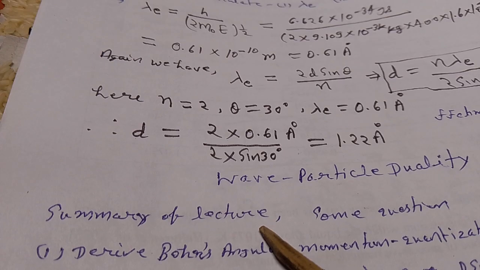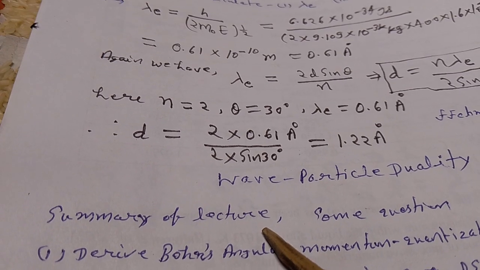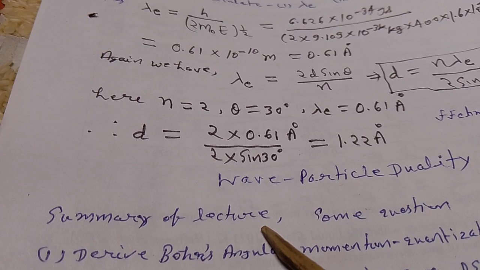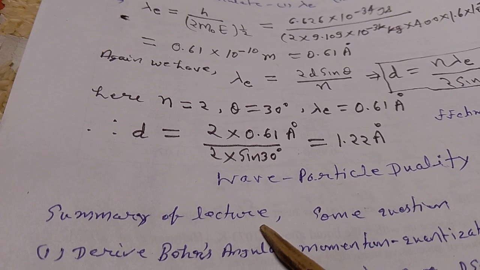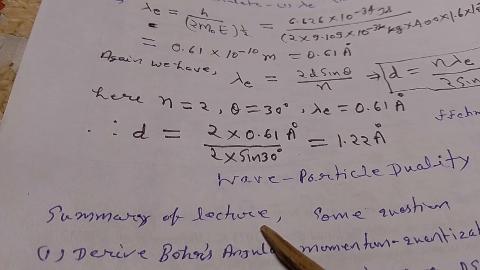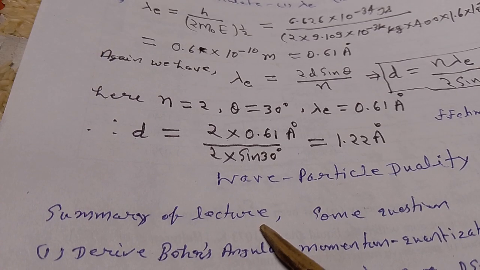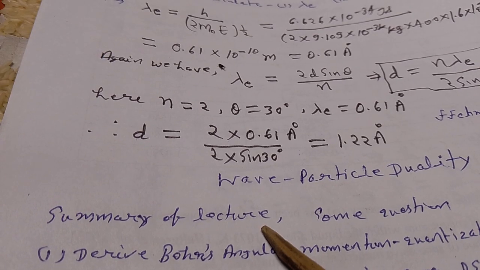Bohr used the quantum postulate and certain other postulates in his atomic model and successfully explained the stability of the atom and the line spectra of the hydrogen atom. He further gave the correspondence principle, which establishes a correspondence between classical and quantum physics.